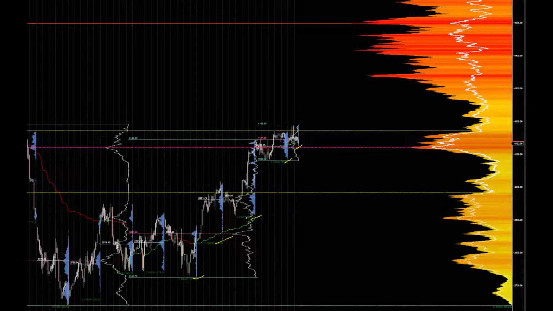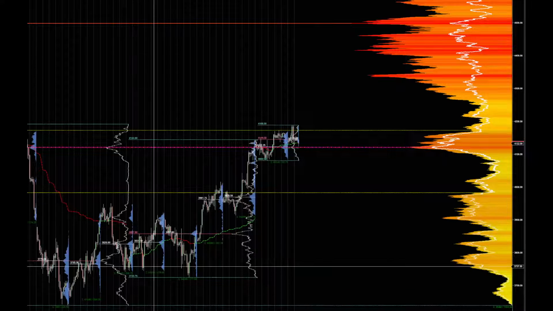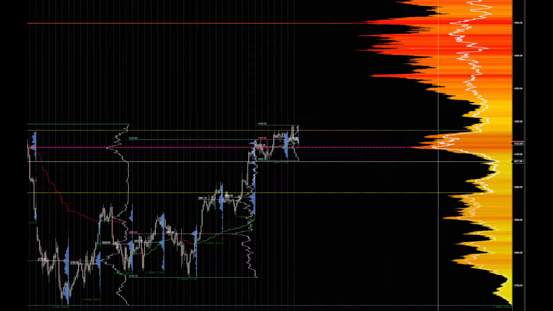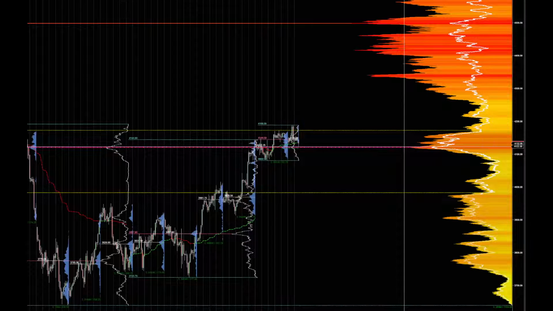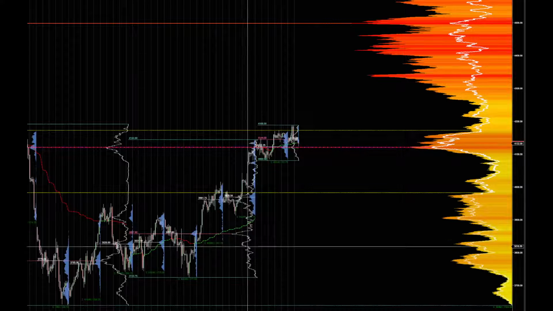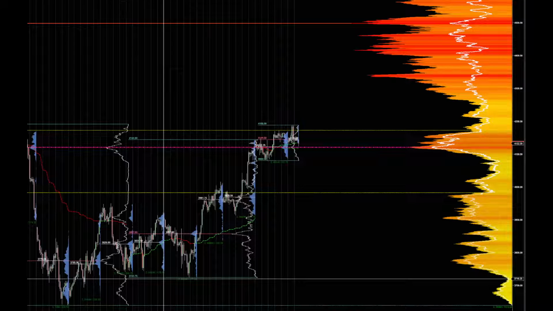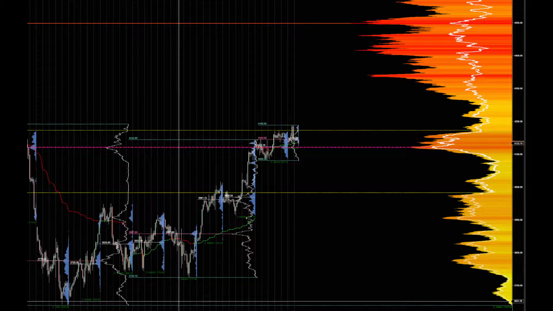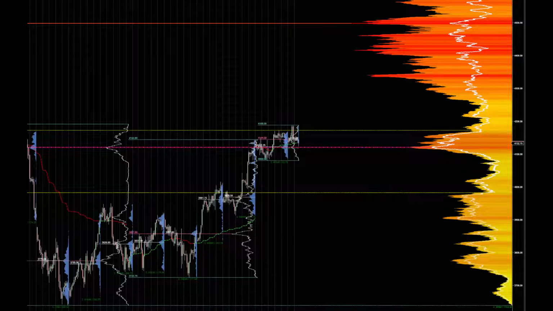Also, what plots here is that every profile has a most traded price, just like I talked to you about the most traded price of the year, which is 41.20. Each week and each month has a most traded price, and I have that plotted here as well. Let's take last month. Last month's most traded price was 38.57.